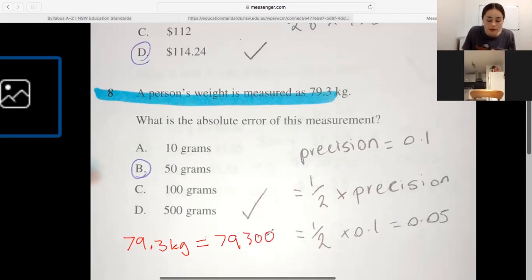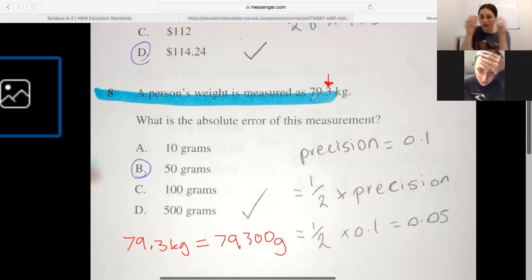Like that. Okay. Grams. Okay, so if we're in kilograms and the smallest unit of measurement would be this point here, the 3. And the 3 is in grams, right? So that's why I take it to grams.